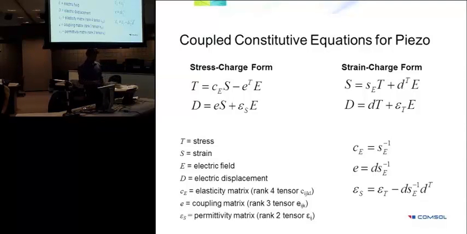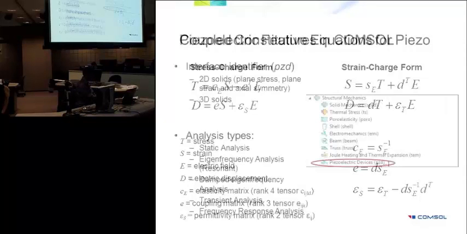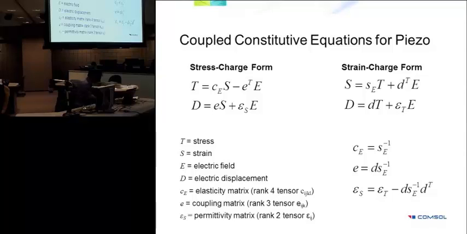The difference is in how you provide the material properties. Each requires a different form of the material property, so if you have properties in either the stress-charge or strain-charge form, you can directly use those properties. In Comsol, the material properties available for all the piezoelectric crystals are available for both forms.